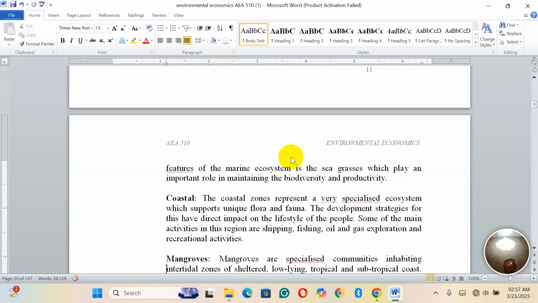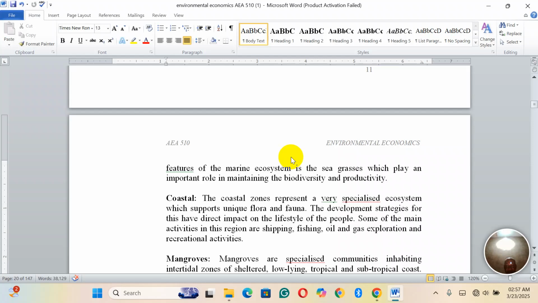Then we also look at the coastal zone. The coastal zone represents a very specialized ecosystem, which supports unique flora and fauna. The development strategies for these have direct impact on the lifestyle of the people.